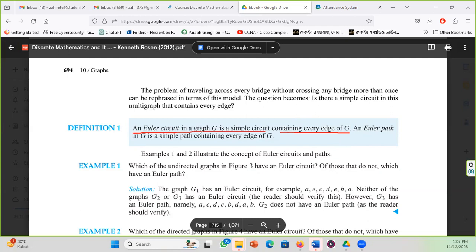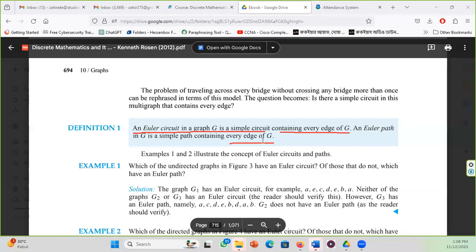An Euler circuit of a graph G will be a simple circuit which has every edge of that particular graph, and an Euler path in a graph G is a simple path containing every edge, not every node. It will be every edge. There was a mistake from my side, so it should be every edge.